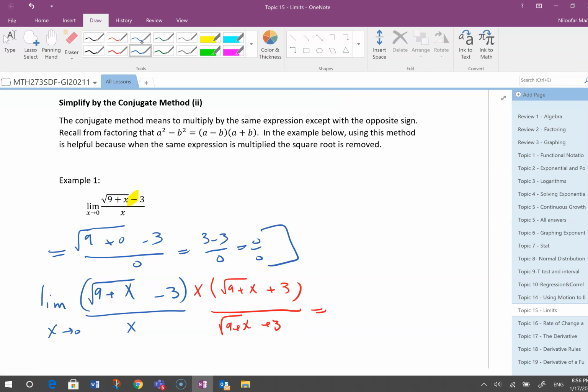When I multiply and divide at the same time, you see that I didn't do anything. The question is still the same because you can cancel red and red, top and bottom. Why don't I cancel? Because I need it. Okay, I multiply. Then look at this: I have minus, I multiply with plus. If I have plus, I multiply with minus.